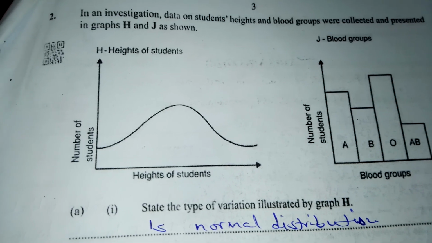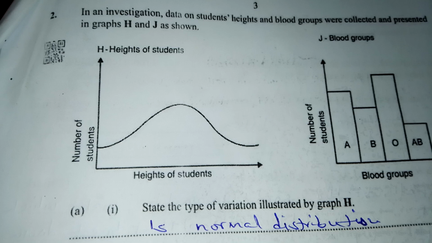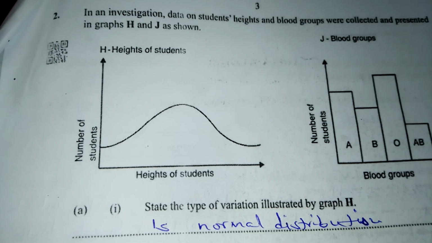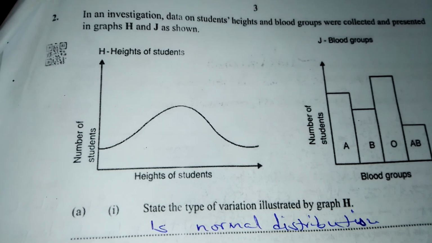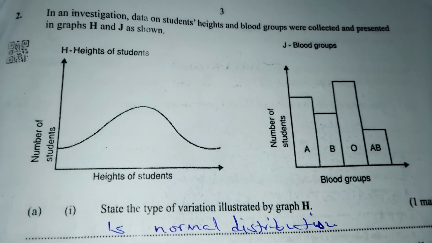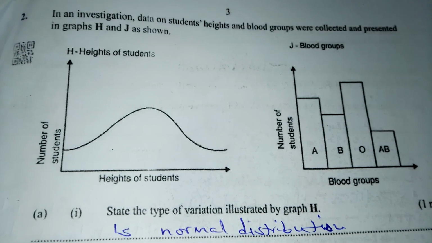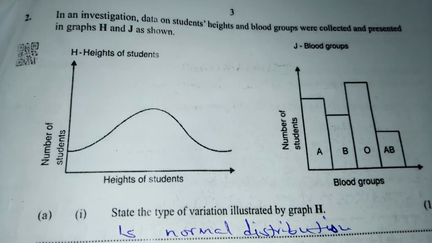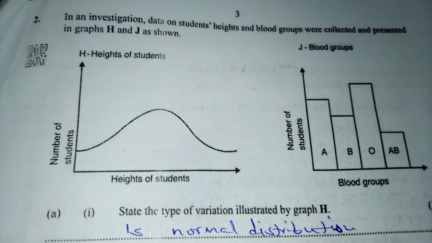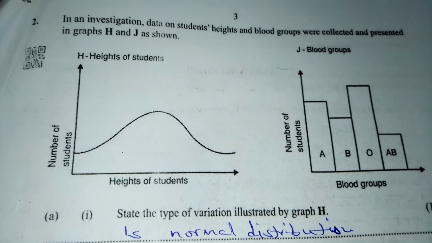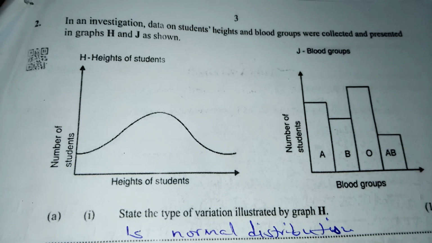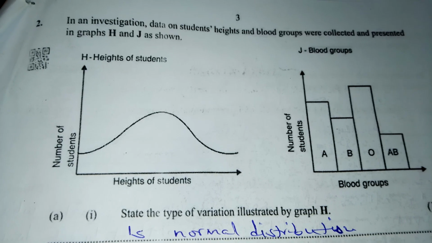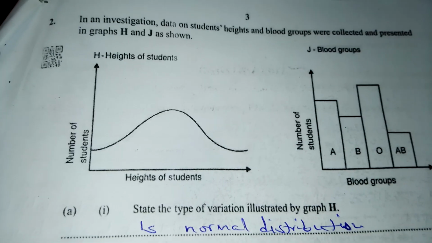On the y-axis we have the number of students, and on the x-axis we have the height of the students. And on the other side we have the blood groups and the number of students, which are represented in that graph as follows: A, B, O, AB blood groups.